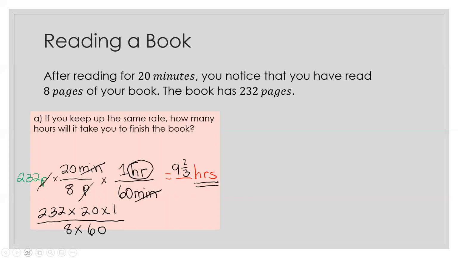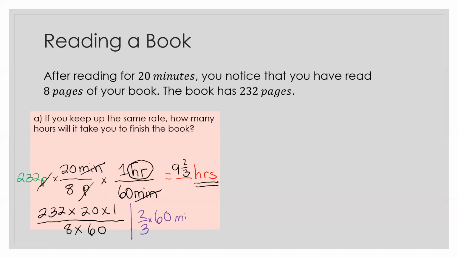So let's do a little short conversion so we can answer this as a real life answer, because normally you wouldn't tell somebody, oh, hey, I just read 9 2/3 of an hour, right? So what does it mean to have 2/3 of an hour? An hour is 60 minutes, right?